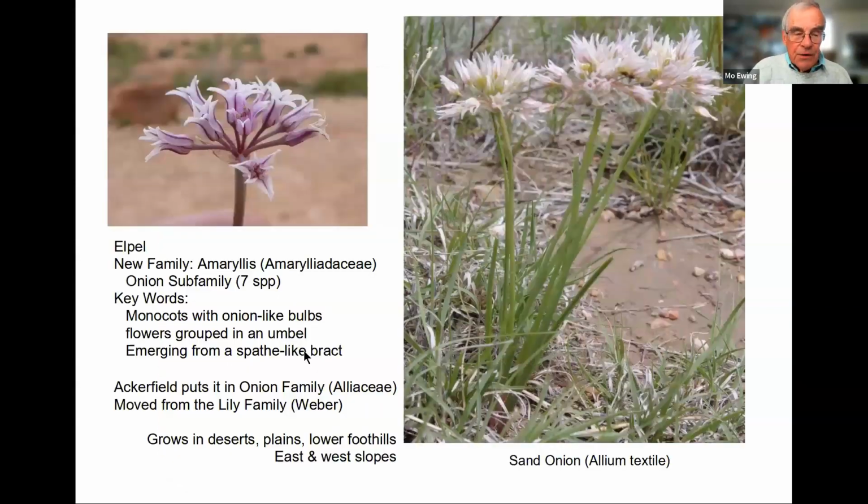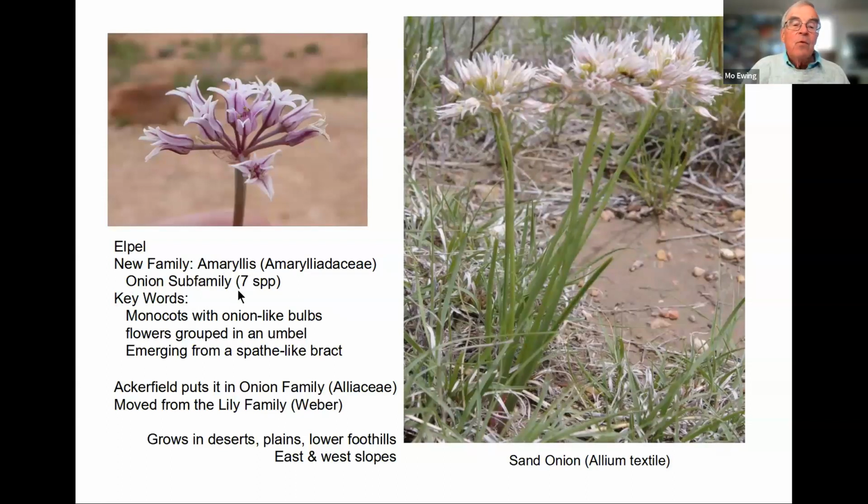Here you will find sand onion. This is a new family. Someone put this in a new family, the Amaryllis family, Amaryllidaceae. It used to be in the onion family, but when it was moved into the Amaryllis family, it was put in the onion subfamily with 7 species.